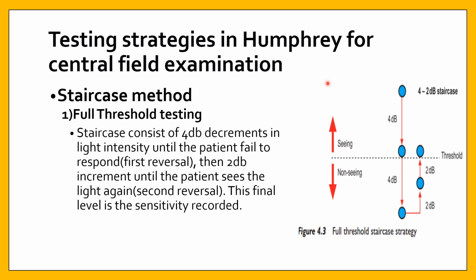In the staircase method, there is full threshold testing, and the CETA PSC and the CETA is based. In the full threshold testing pattern, the staircase consists of a 4 decibel decrement in the light intensity until the patient fails to respond, the first reversal, then a 2 decibel increment until the patient sees the light again, the second reversal. The final level is the sensitivity recorded, and this is the full threshold staircase strategy.